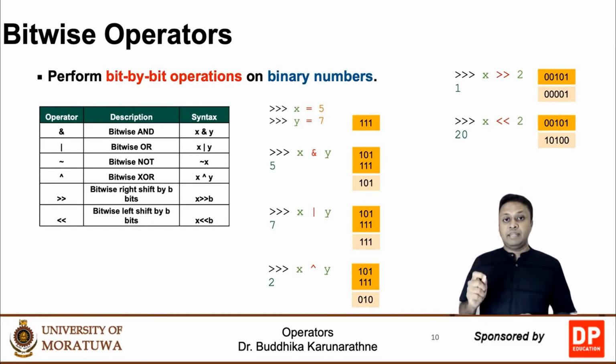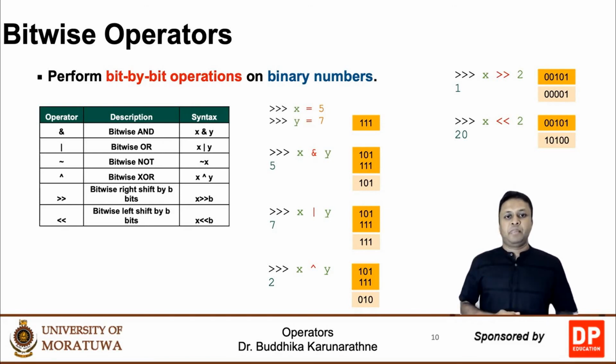You also have the right shift and left shift operators. Left shift shifts a binary value left by pushing zeros in from the right and letting the leftmost bits fall off. Right shift, on the other hand, shifts right by pushing copies of the leftmost bit in from the left and letting the rightmost bits fall off.